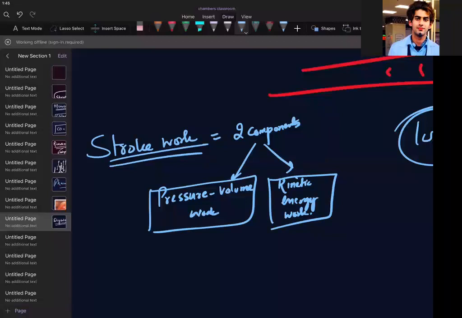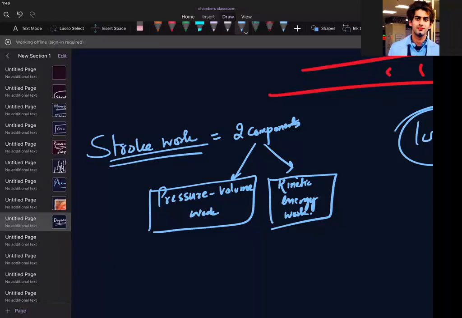Okay. Pressure volume work, to make life easy, just understand it like this. First, let me tell you what it is.